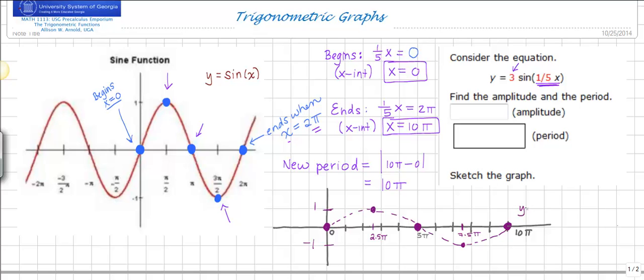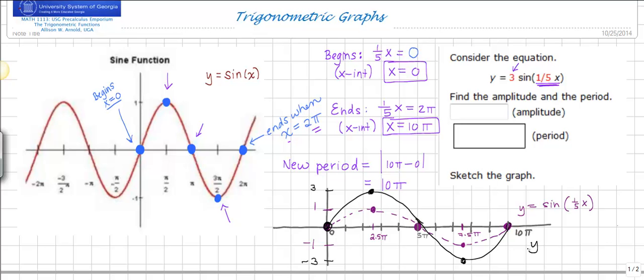That's the basic stretched out graph without the vertical stretch. So this is just sine of 1/5 times x. Now, if I stretch by 3 vertically, I have to multiply all the y coordinates by 3. So all the x-intercepts stay the same, and I'm going to fudge on my scale here, but you would multiply 1 by 3 and negative 1 by 3. So your graph should go up to 3, come back down through the axis, and go down to negative 3.